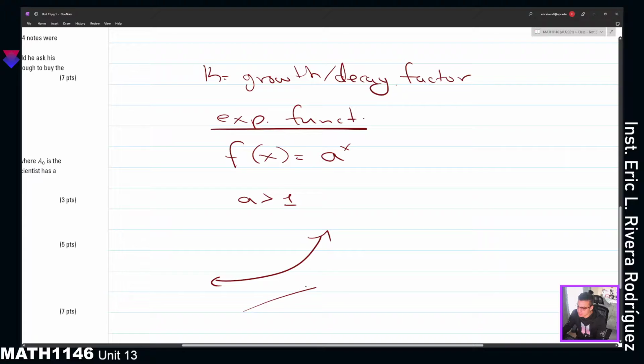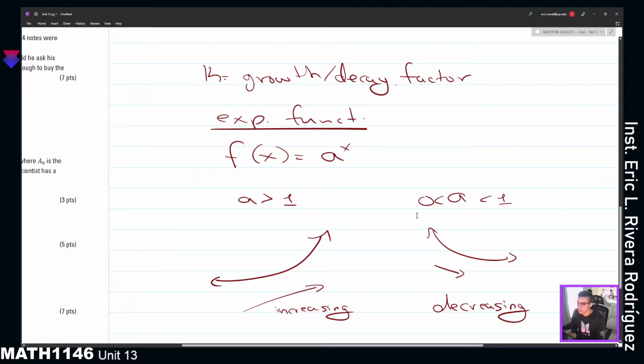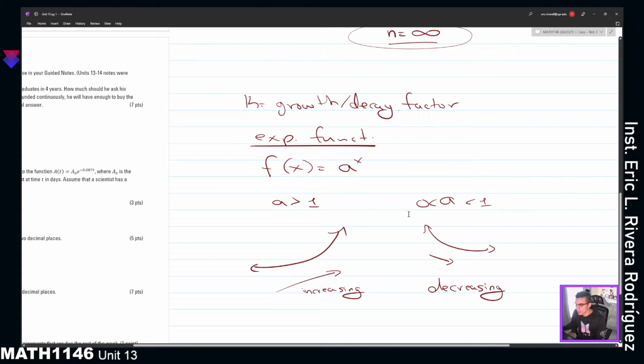This is an increasing behavior. All right, when a is between 0 and 1, we have this shape, and this is a decreasing behavior.